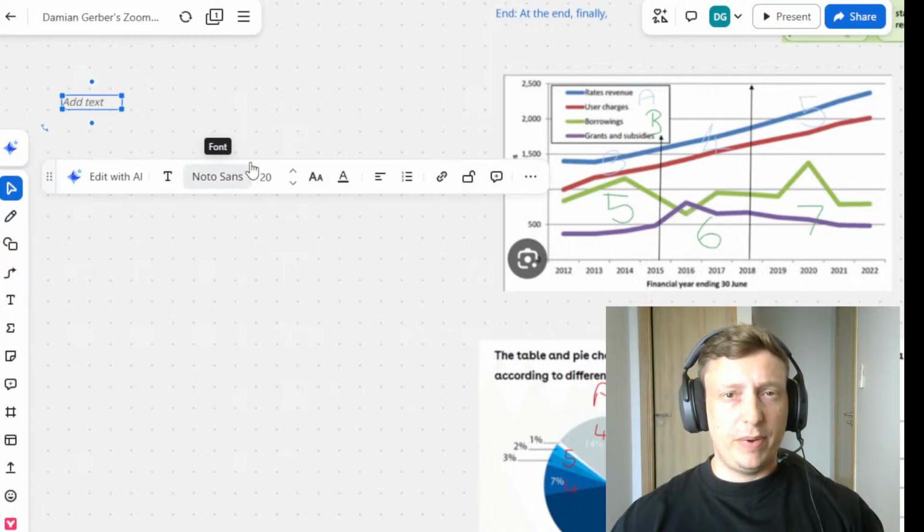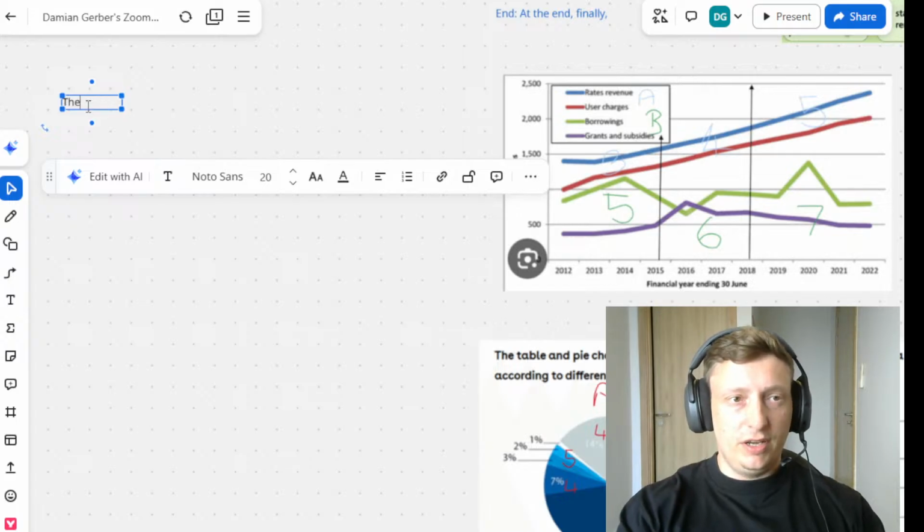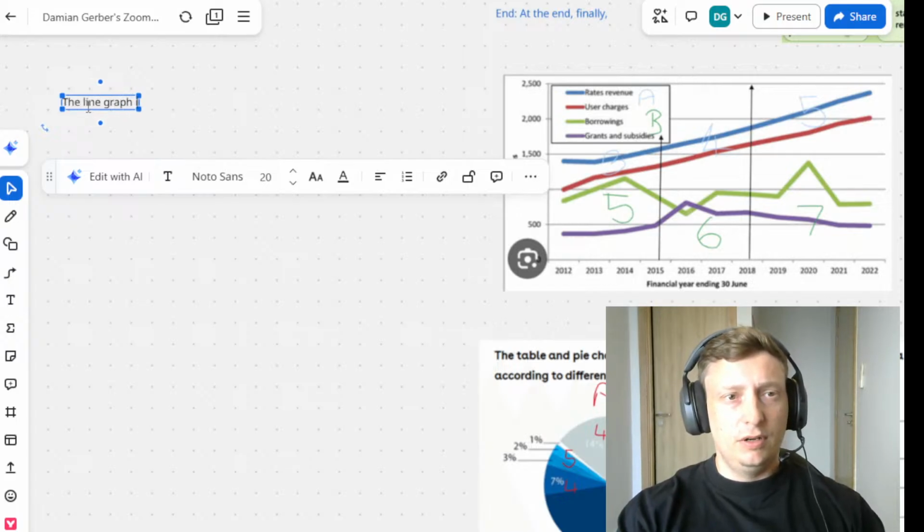So we're going to start with paraphrasing the title here. Very often when you do this, you can just copy the information along the side and the bottom, and that will paraphrase the way that it's already been done. So you don't have to give it too much thought. So we've got a line graph here, so say the line graph, illustrate, you can put shows, depict, whatever verb you like here. What is it illustrating? So changes, how many changes?